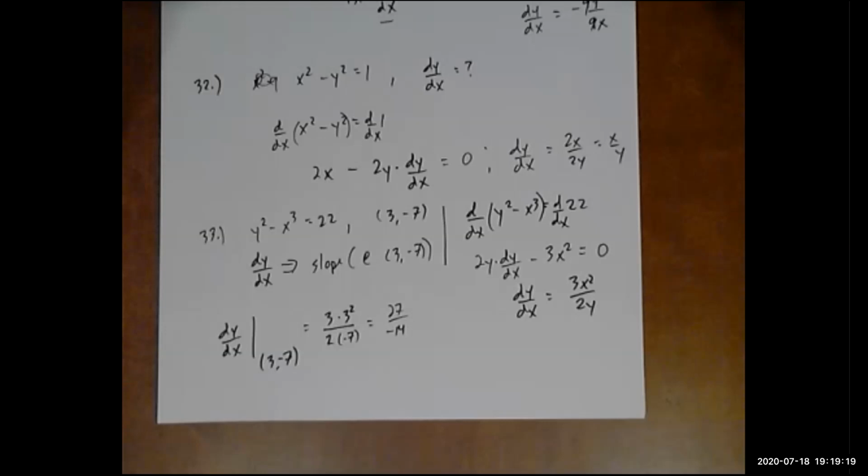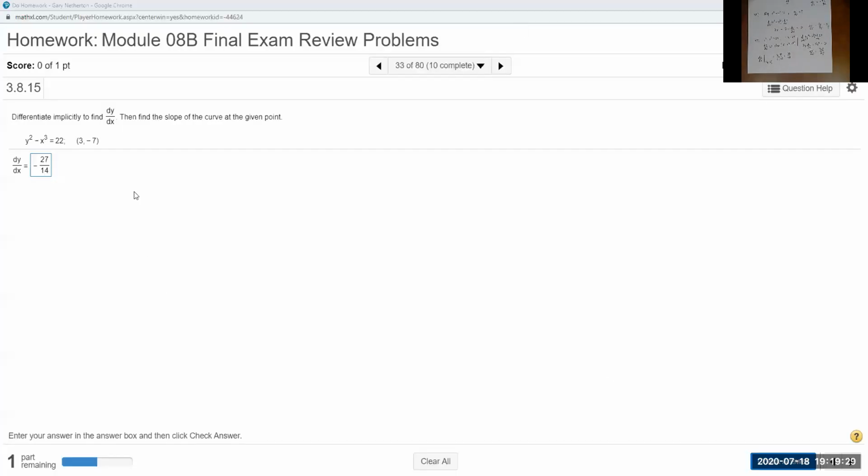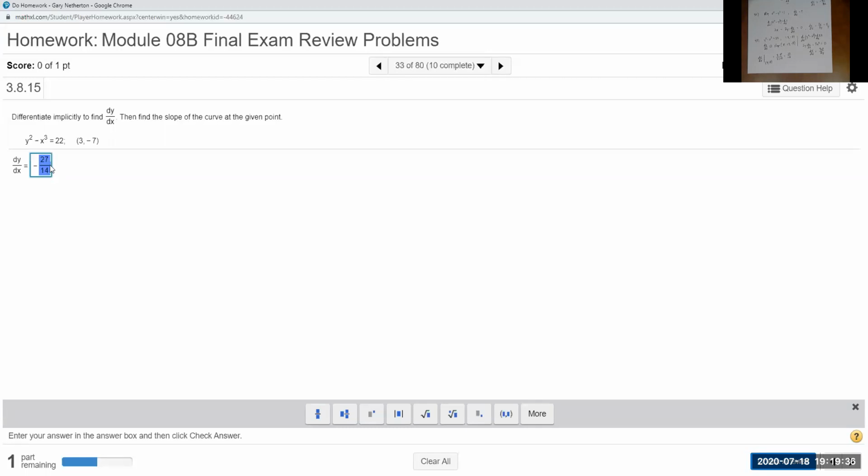Now, I admit, this seems like a strange answer. Maybe they would make it a number. Maybe you can see what I'm doing wrong. Oh, you know what I think they want? They're not very good about this. I think they probably want the actual equation. They don't make that clear at all. Let me try that. In other words, 3x squared divided by 2y.